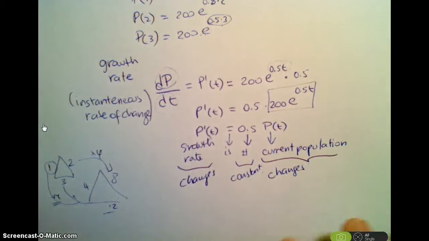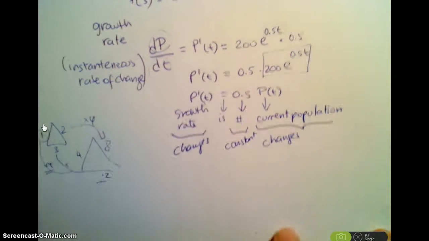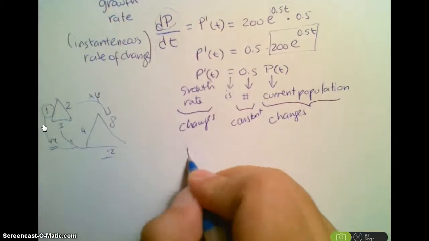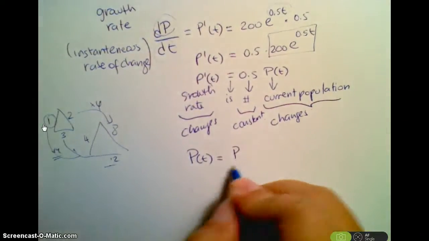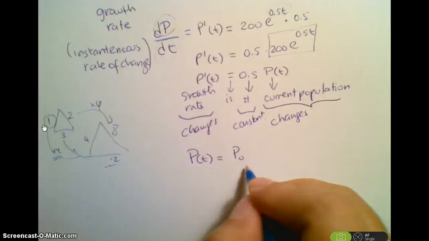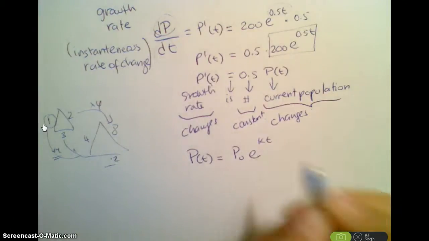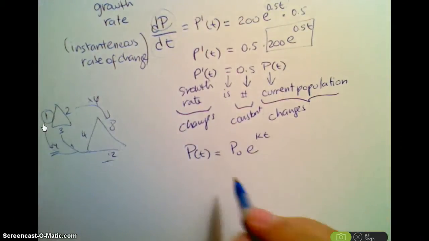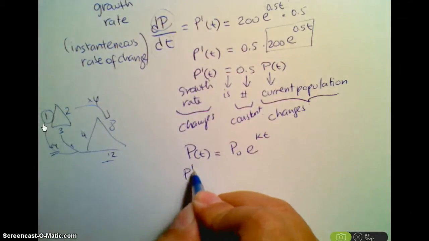Now these calculations come from the example, but what happens in general if I have a model for population that looks like P sub 0, or initial population, e to some number, I'm going to call it k t. Then I take the derivative, which is the growth rate.